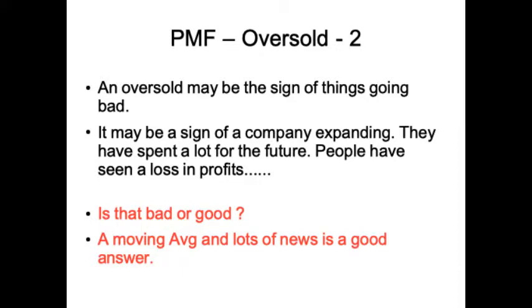Therefore, their figures do not look good in profits. A moving average and a lot of good news is an answer to that one. But you need the news. You need to understand why a stable company is appearing to have low profits. Of course, it could be they've got greedy directors who just want to go out on the lash and drink lots of champagne. In which case, well, maybe it's time to move on to another company.